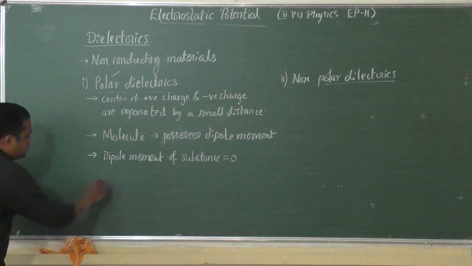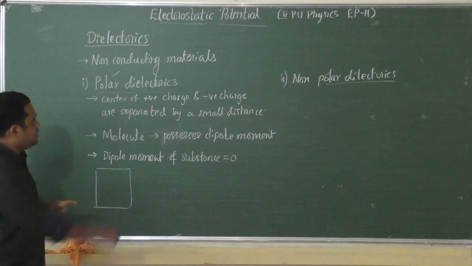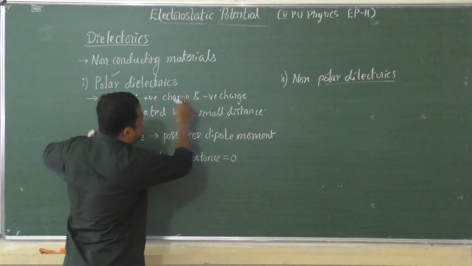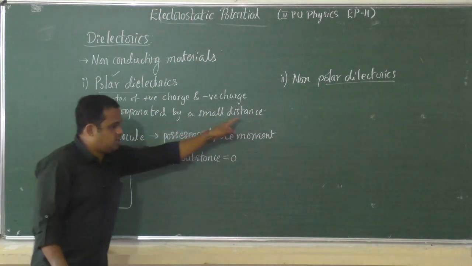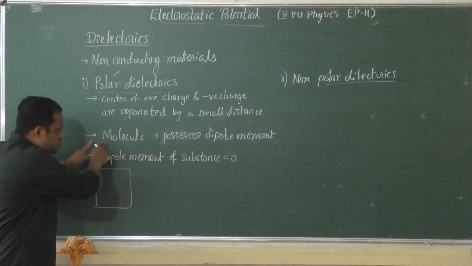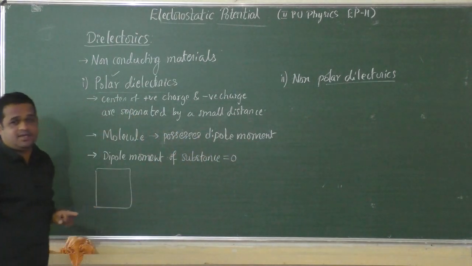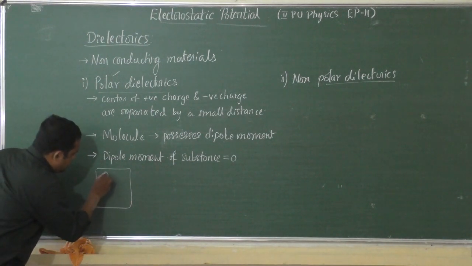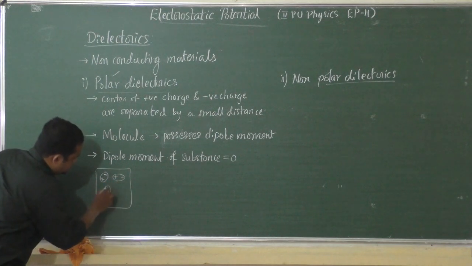If you consider a substance, it will have n number of molecules. In case of polar dielectrics, in each molecule, center of positive charge and center of negative charges are separated by a small distance. That means that molecule possesses dipole moment, or in case of molecule, dipole moment is not equal to 0. So if you consider the material or molecules, each molecule will be like this, plus minus and so on.